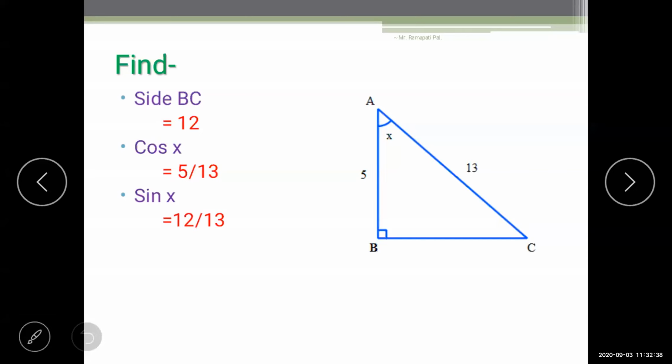So we have found side BC, which is 12. Cos x is 5 upon 13, and sin x, which is opposite upon hypotenuse, is 12 upon 13. Now we have found tan x, that is 12 upon 5. Is it clear? Opposite upon adjacent. So 12 upon 5. Is it clear?